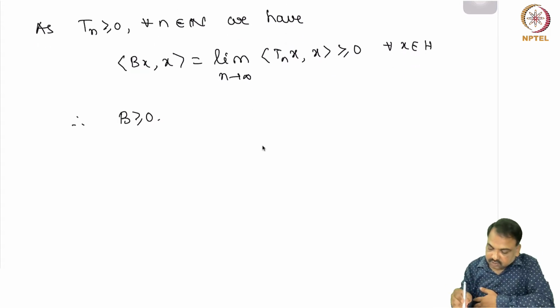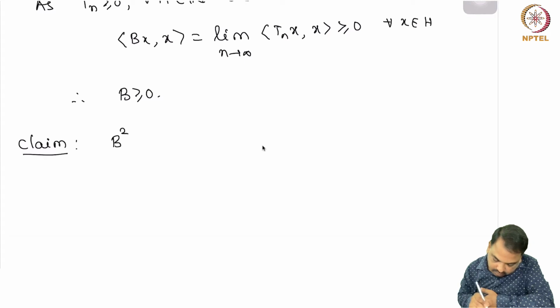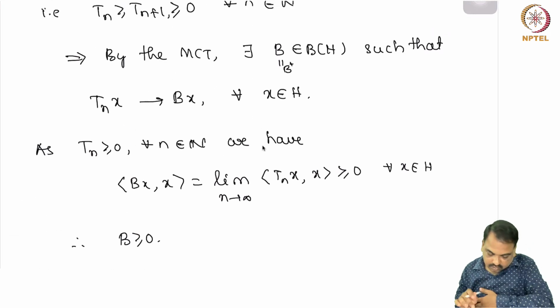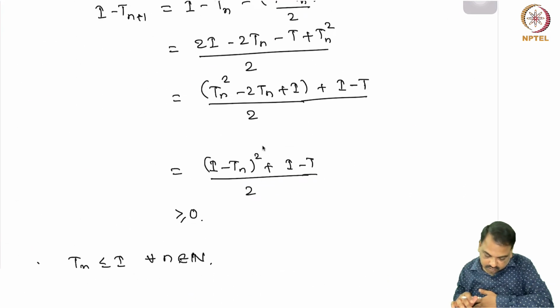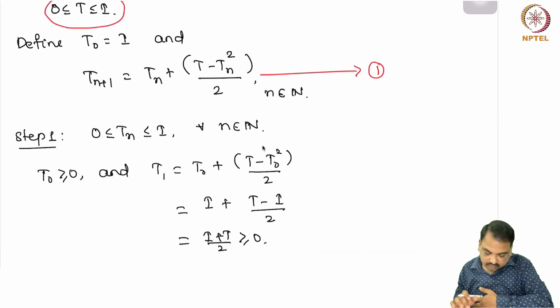So next we want to show that B square equals T. But this directly follows from the definition of Tn plus 1. Now by looking at equation 1 we can conclude that Tn plus 1x converges to Bx, and on the right hand side Tnx converges to Bx.